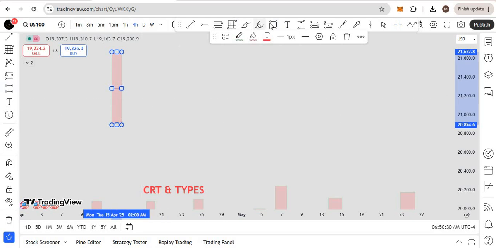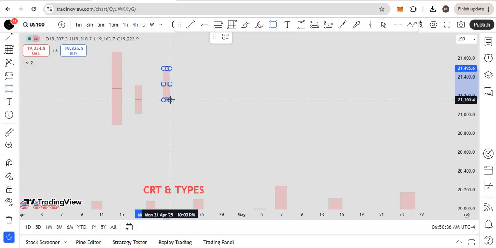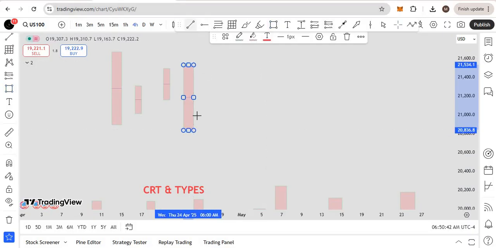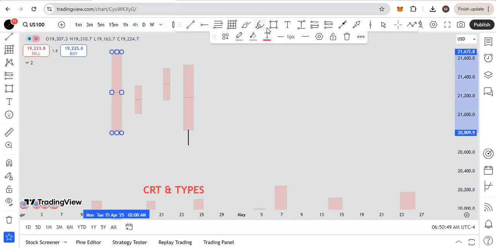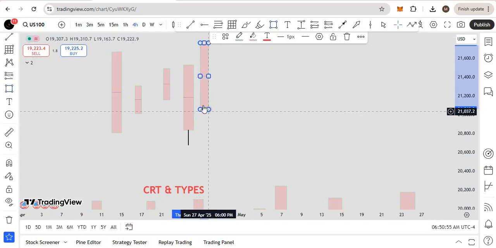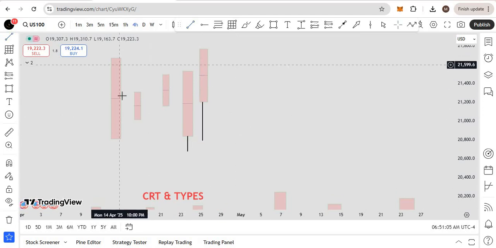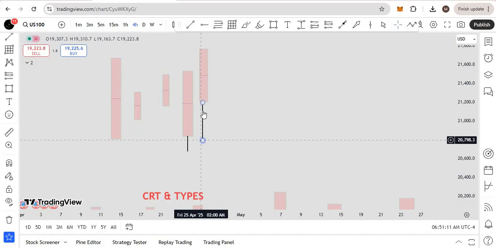Another one is like this: a first candle, then 2 candles inside the first candle, the third candle took the sweep, and the fourth candle then reached the first candle high.